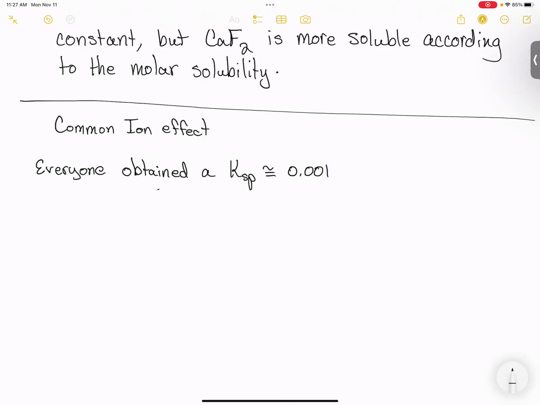Temperature. Were all of your experiments done at the same temperature? Yes. So we would expect, and it was all the same compound, the solubility product to all be about the same. What differed is the molar solubility.